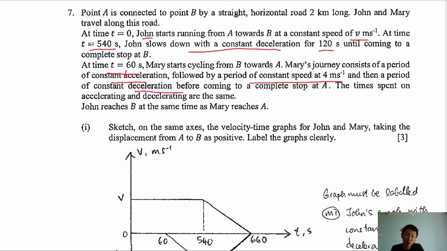They are moving towards each other, John and Mary, if you look at the question carefully. John reaches B at the same time as Mary reaches A. So they stop at the same time.